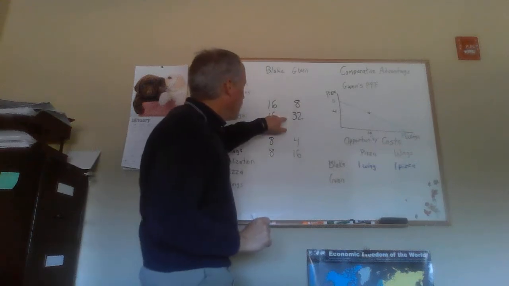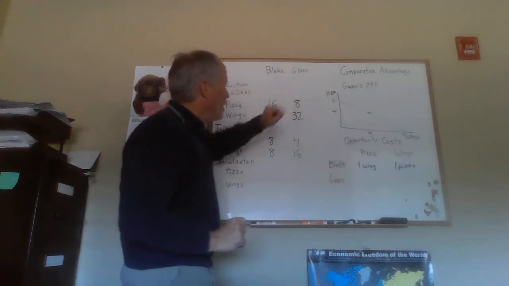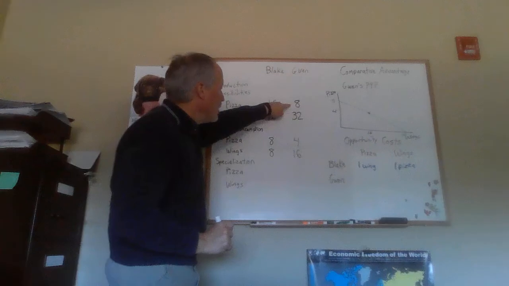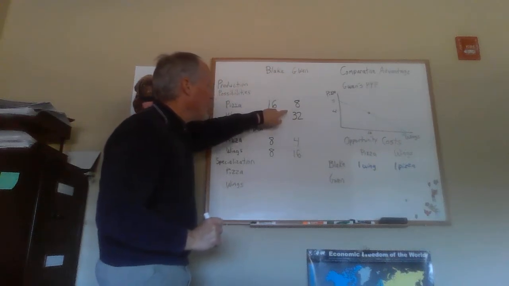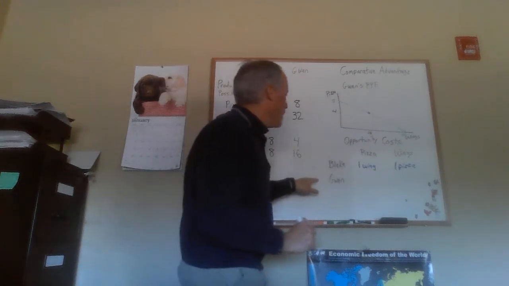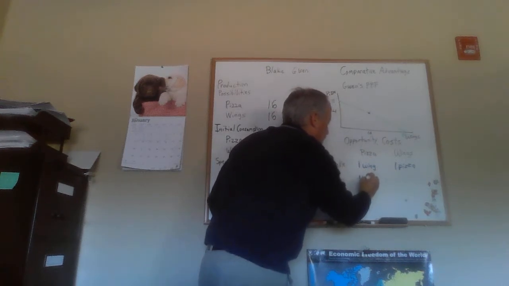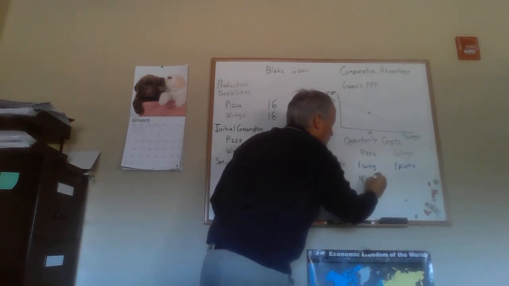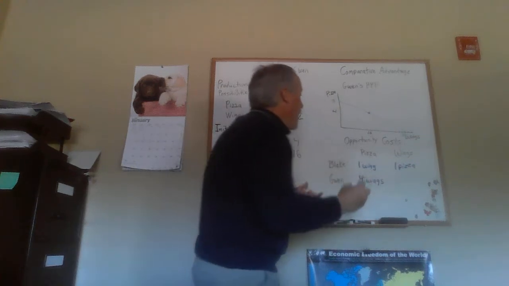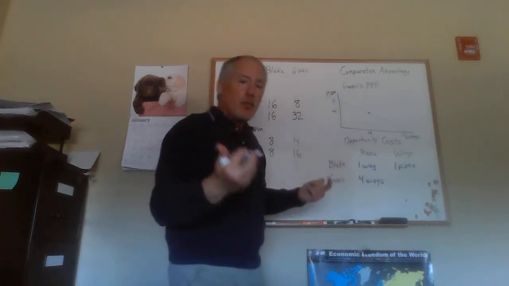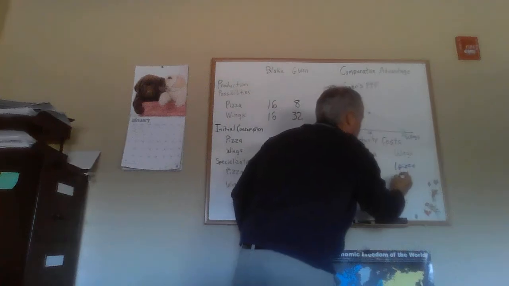Gwen's got a 4-to-1 ratio. In the time it would take her to make 1 pizza, she could have made 4 wings. So her opportunity cost of producing 1 pizza is 4 wings, and her cost of making 1 wing is 1/4 of a pizza.